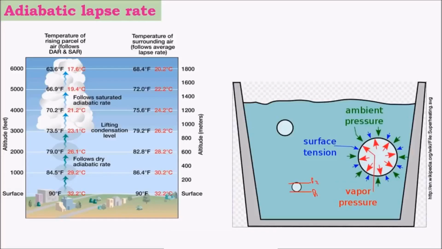As a result, there is an extra force acting on the bottom surface of the water bubble, and this force keeps pushing the water bubble towards upper layers. The pressure at the bottom of the bubble is comparatively greater than at the top.